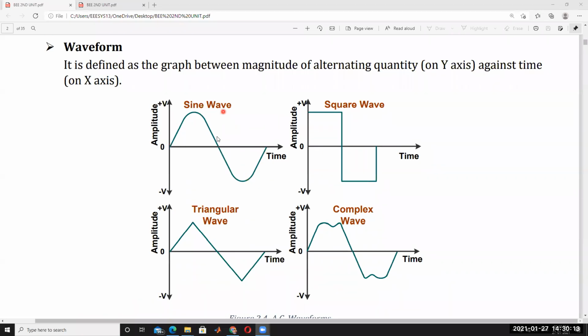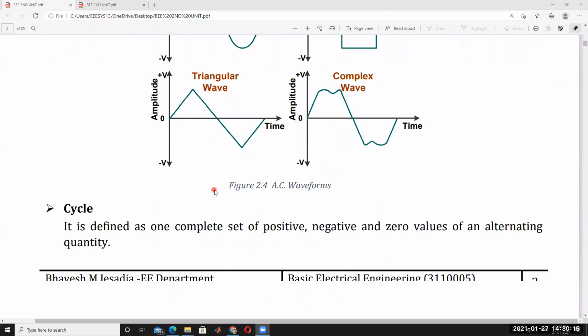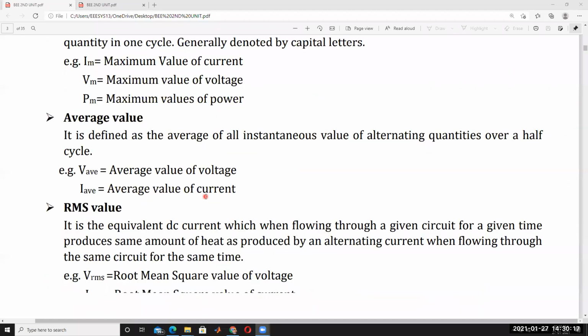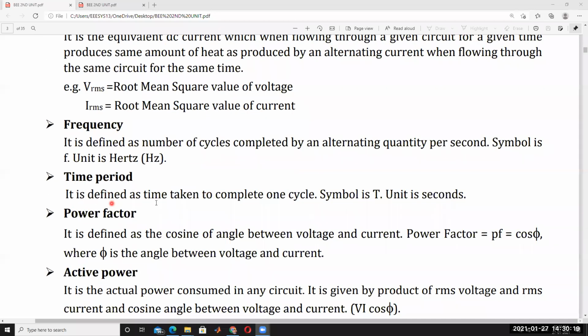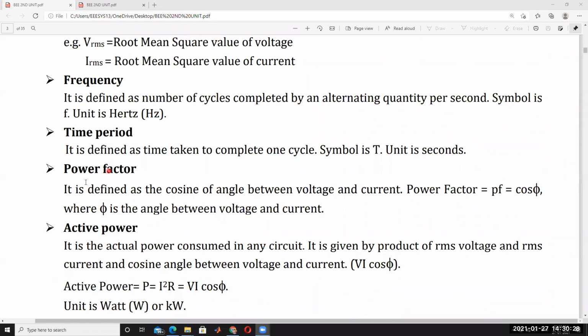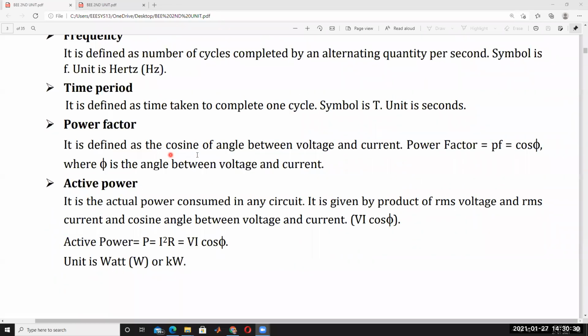Then f is equal to 1 by T. You know well, f is equal to 1 by T. Symbol is T, units are seconds.